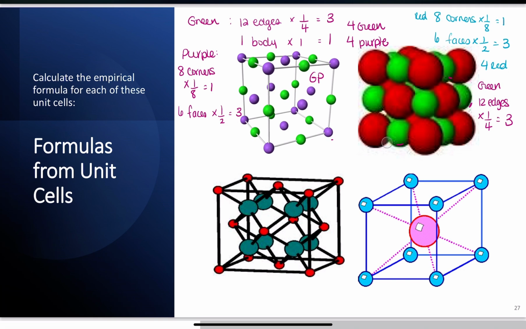And I know it's really hard to see here, and I would try to make this more clear and easy to see on an exam or a quiz, but there's one inside of here. There's a body. So I have 4 green, which means my overall formula here would be RG, 1 red to 1 green, my empirical formula.